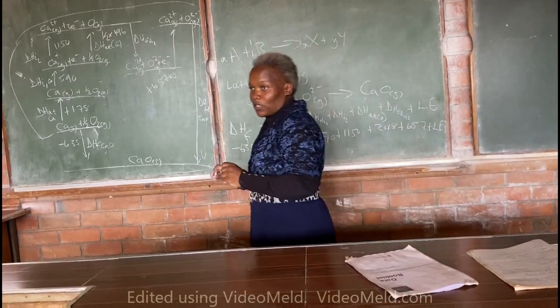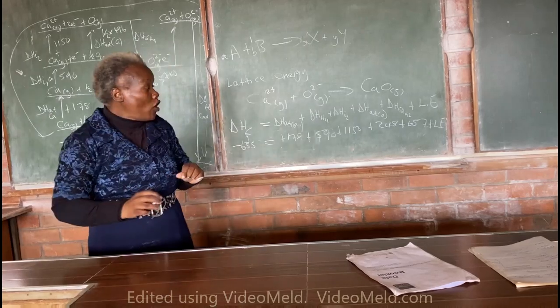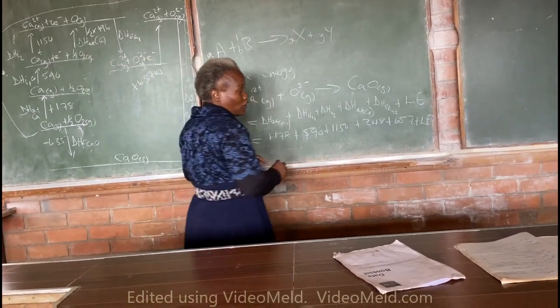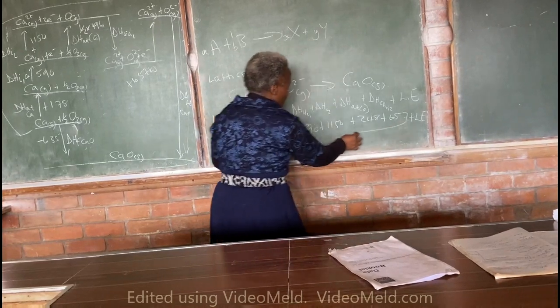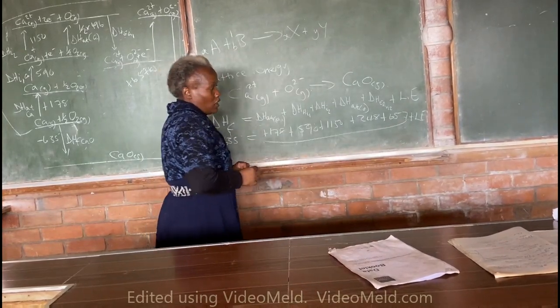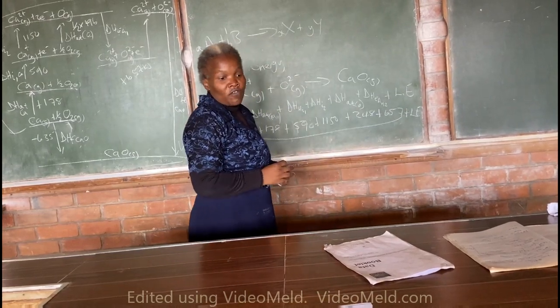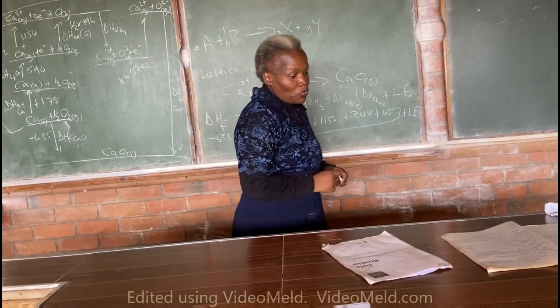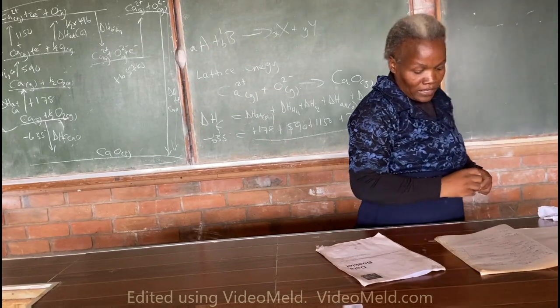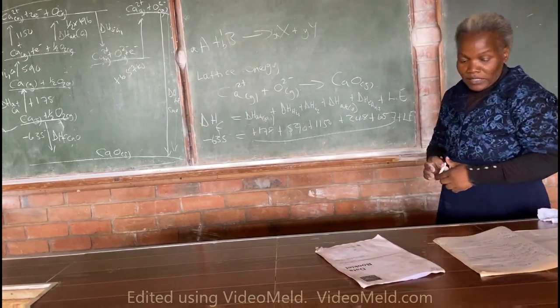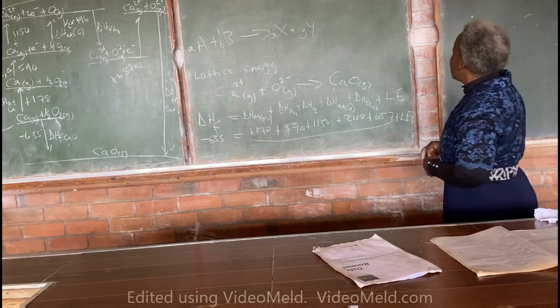We don't know that one. So before you change and make L the subject of the formula, I would advise you to first evaluate this. And when you evaluate and then you make L the subject of the formula, you must get lattice energy is minus 3458.